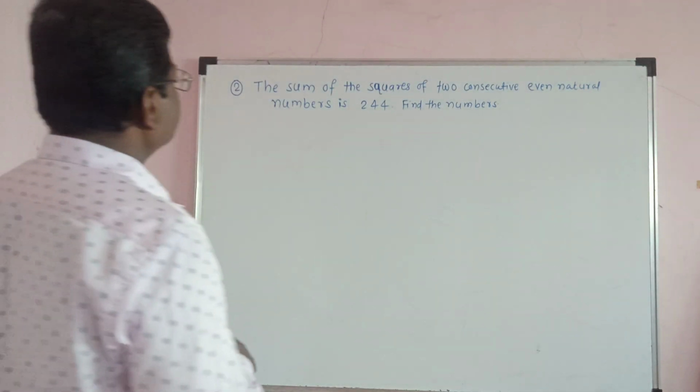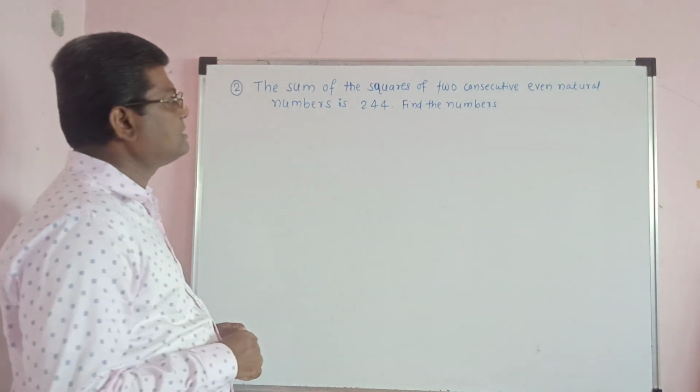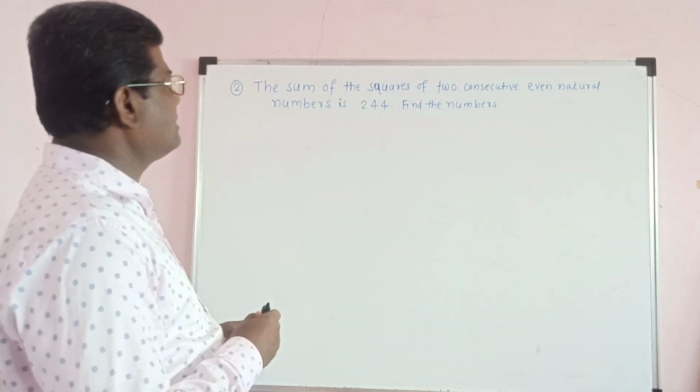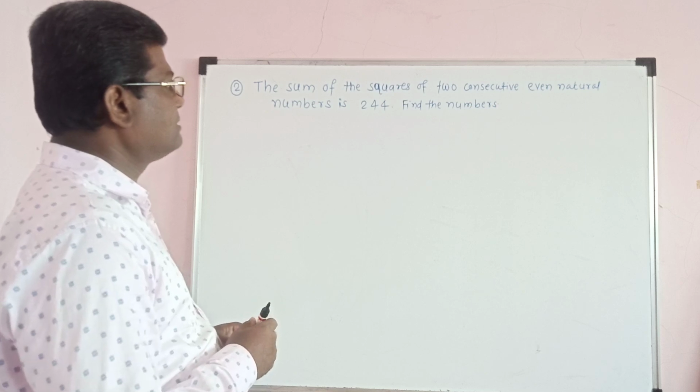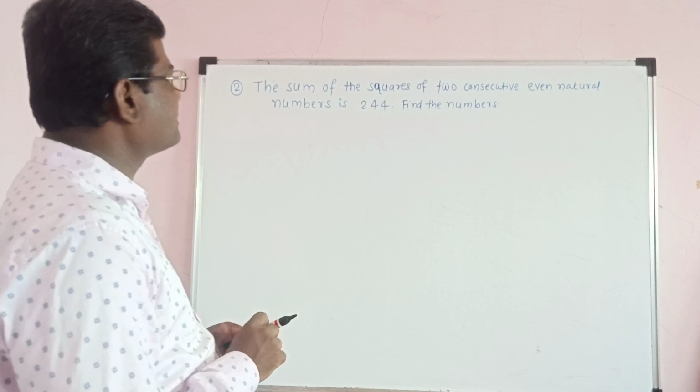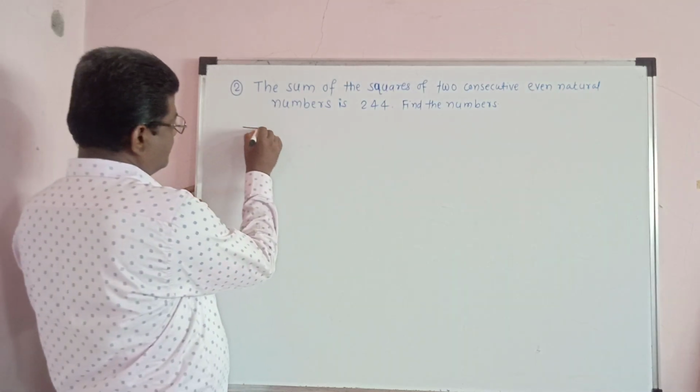Question number 2. The sum of the squares of two consecutive even natural numbers is 244. Find the numbers. Now let us solve.